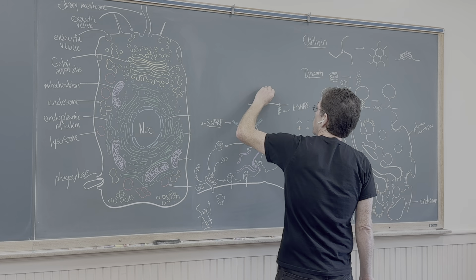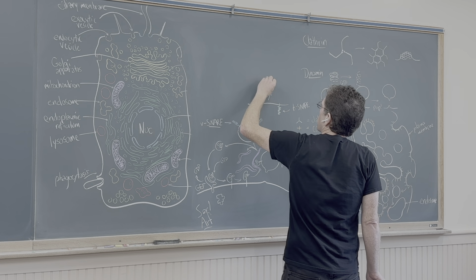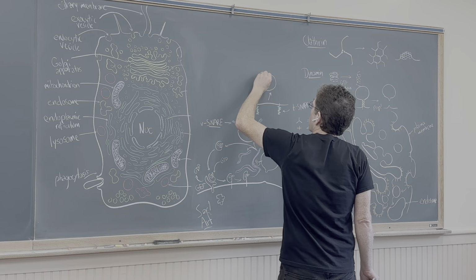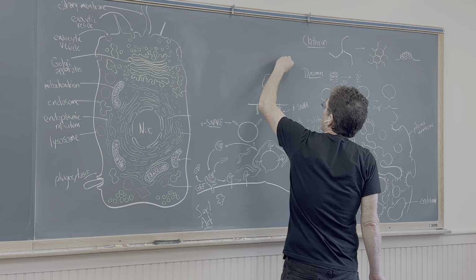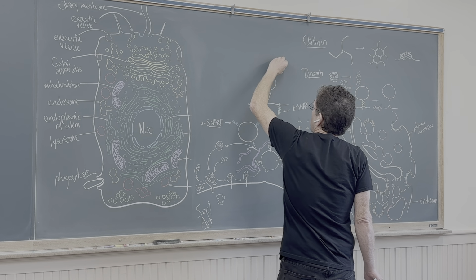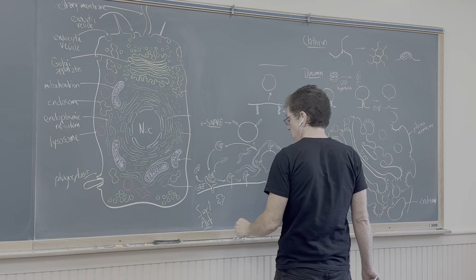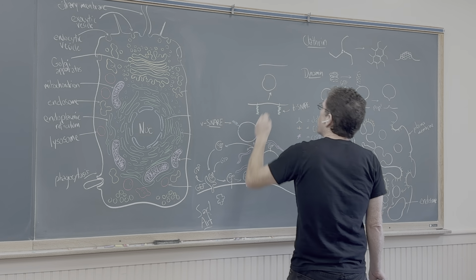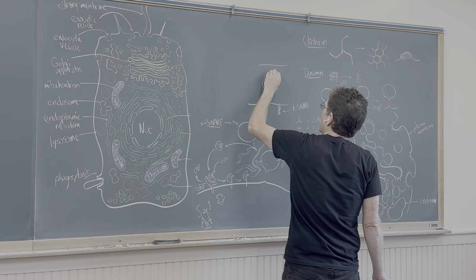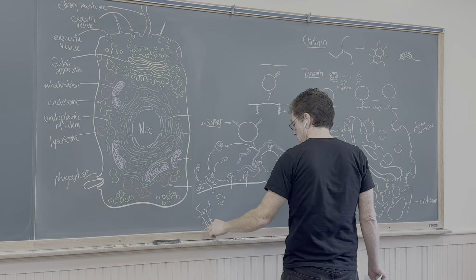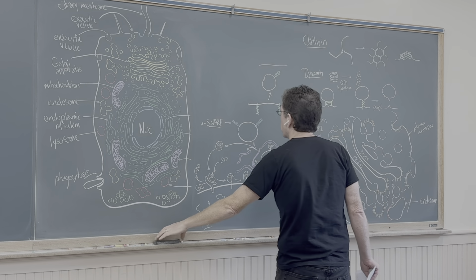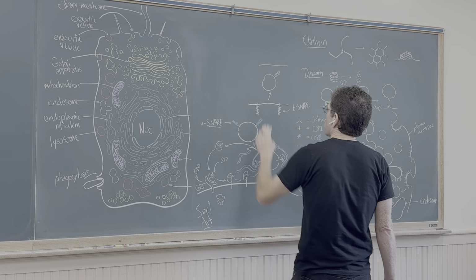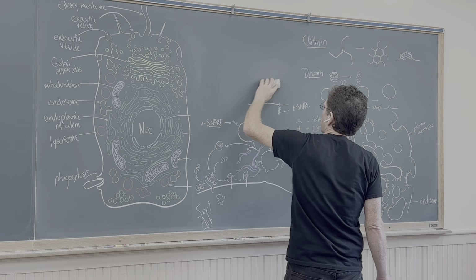These two get together. I'm just going to draw one of the pair for simplicity. The V snare and the T snare recognize each other. Let's start over here.